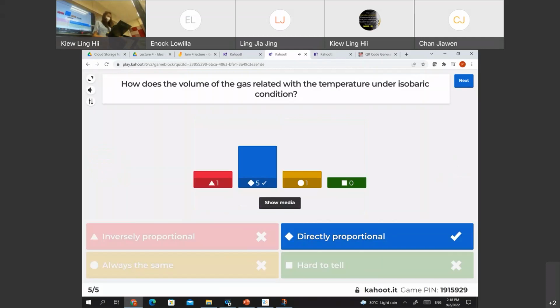Yes, directly proportional. Isobaric means P is held constant. So PV equals to nRT, when P is constant, V is directly proportional with T. Not bad.